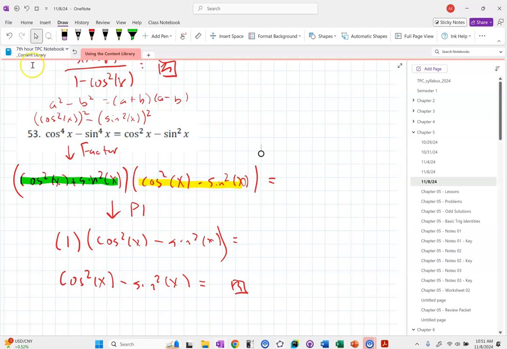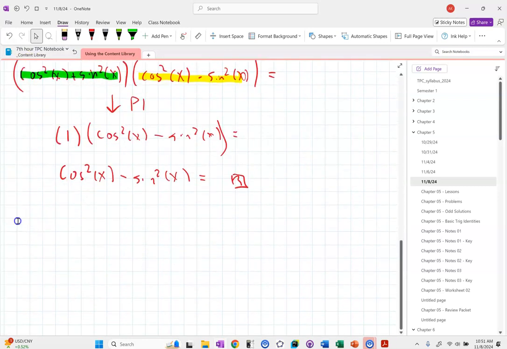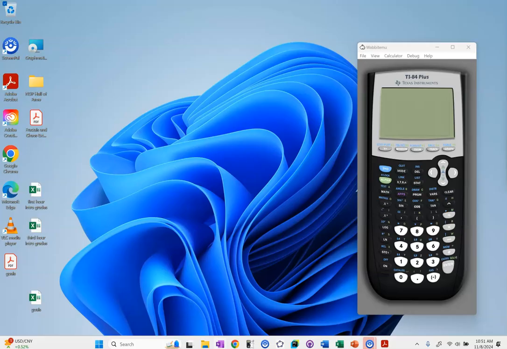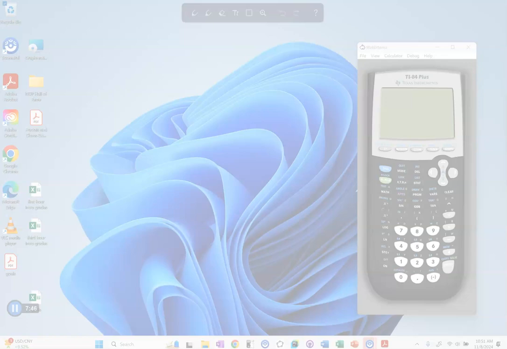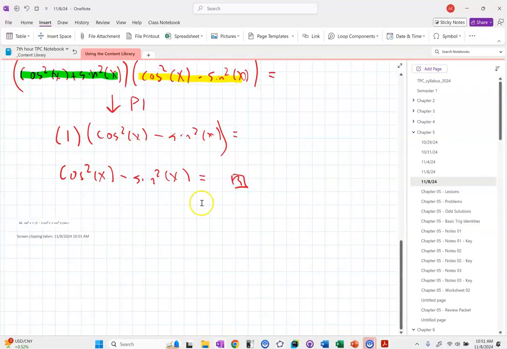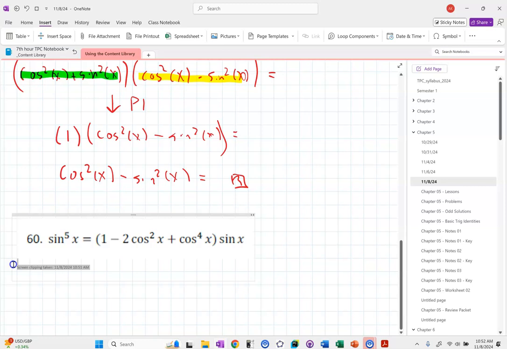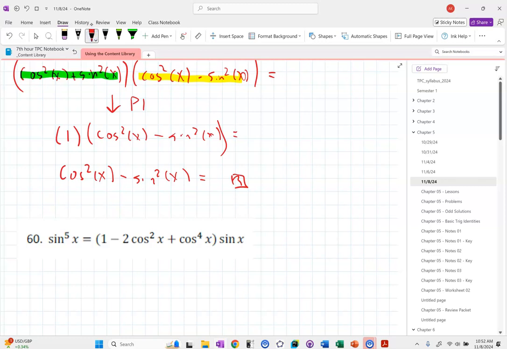Anthony. Can you do 60? 60, sure thing. Okay. All right, Anthony, which side did you want to work on? You want to work on the right.